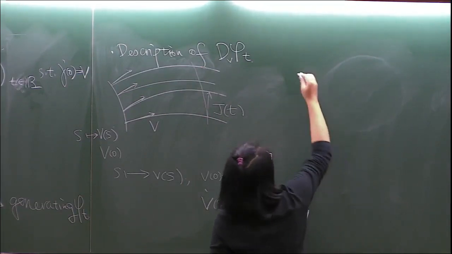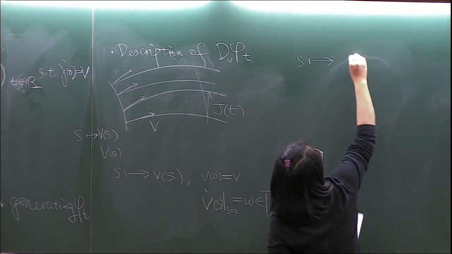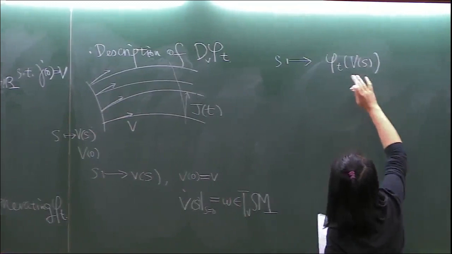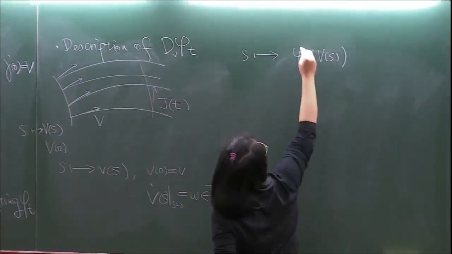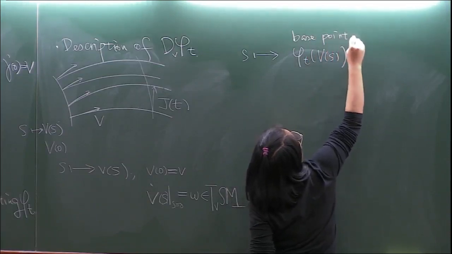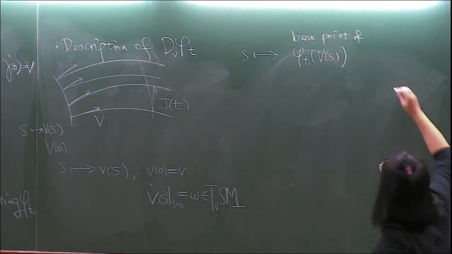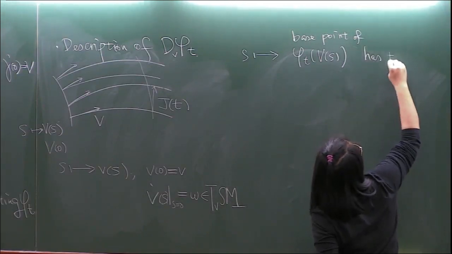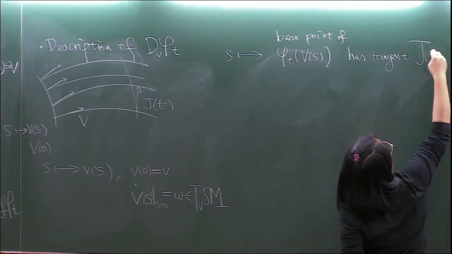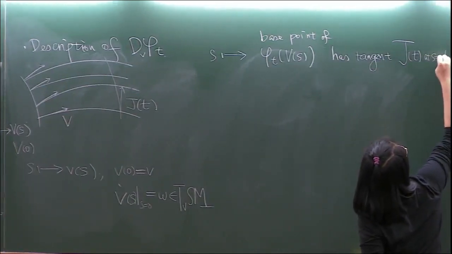So that means s goes to the base point of phi_t(V_s) has tangent J_t at s equals 0.